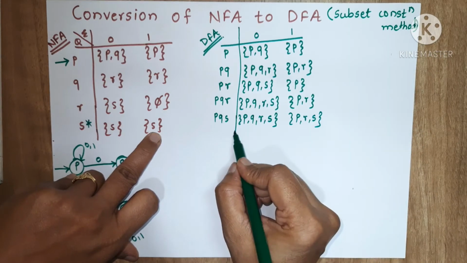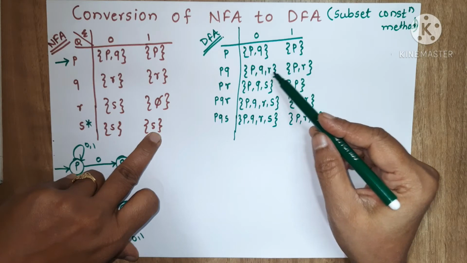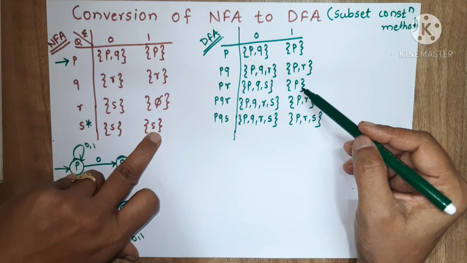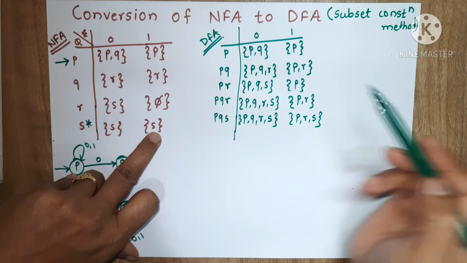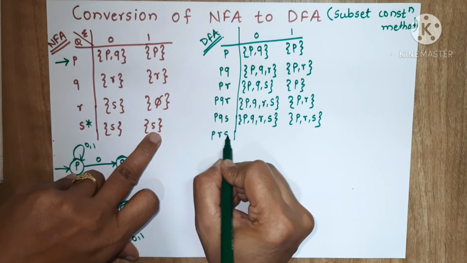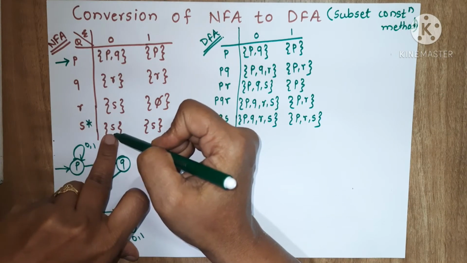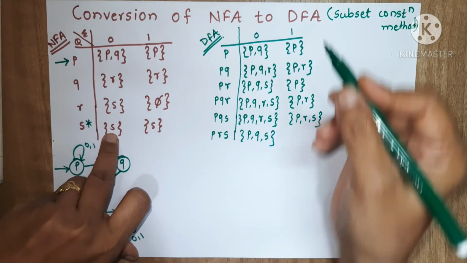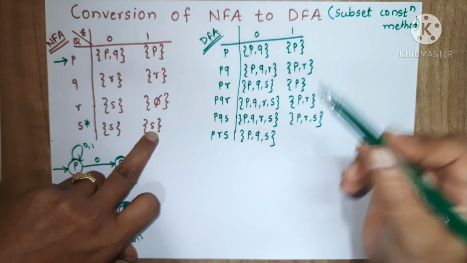Then the next state which we have to take: we have taken PQ, P is already there, PQR we have taken, PR we have taken, PQS we have taken, so PRS. On 0, P union R union S gives PQS, and on 1, P union phi union S, that is PS.